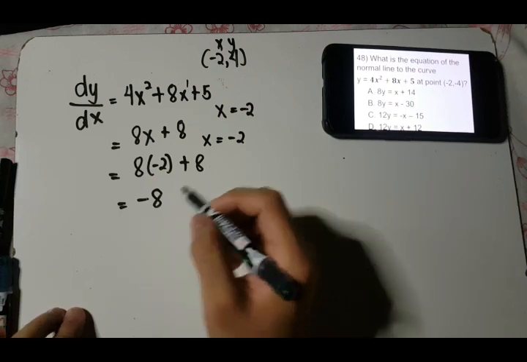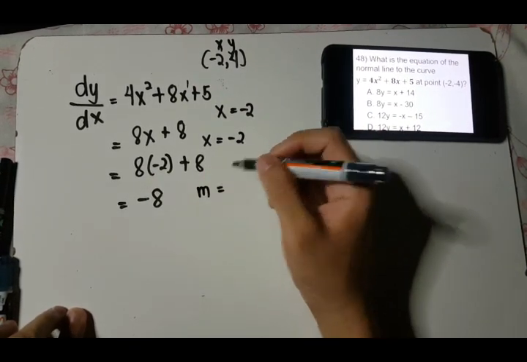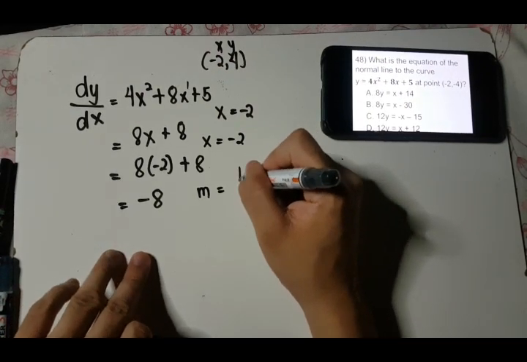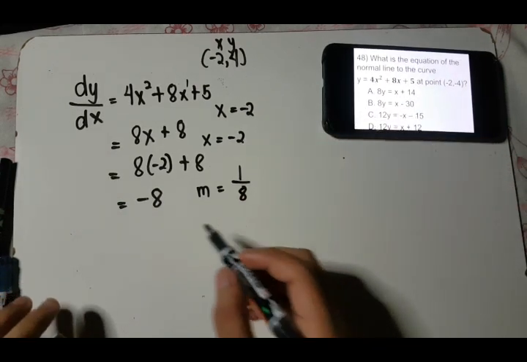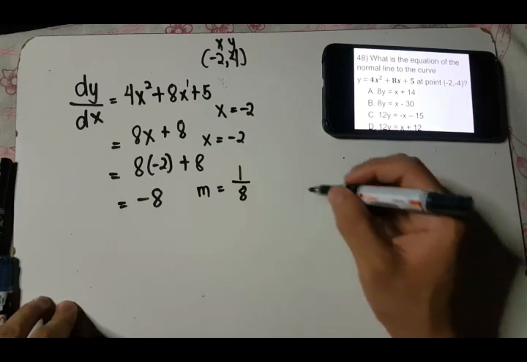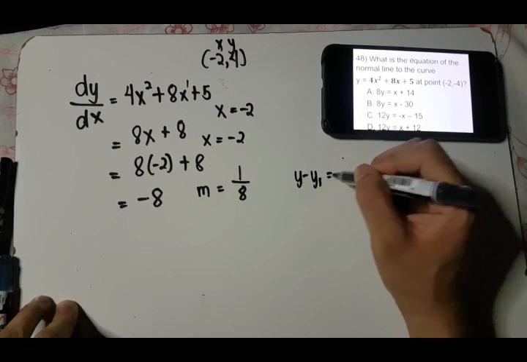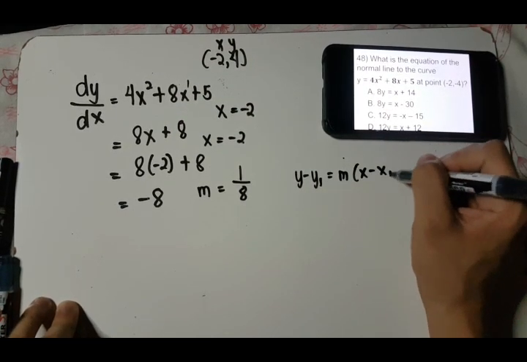And after nyo makuha ito, para makuha nyo yung slope, get the negative reciprocal of this. So, negative 8, that is 1/8. Just get the negative reciprocal and then use the point-slope form: y minus y sub 1 is equal to m times (x minus x sub 1).